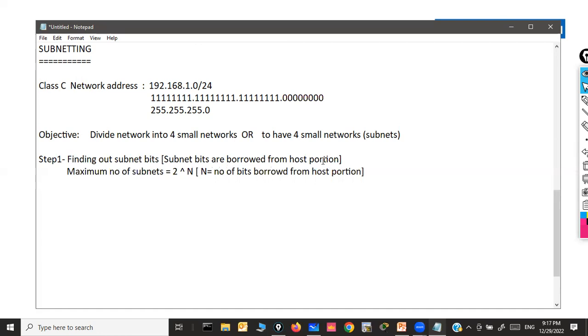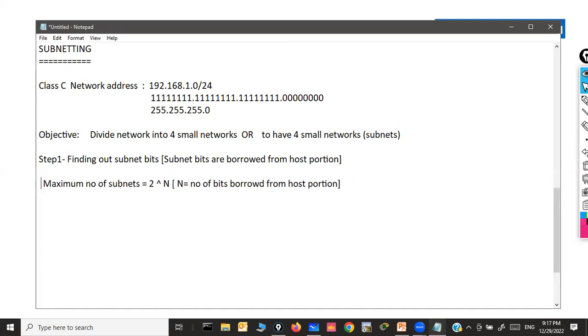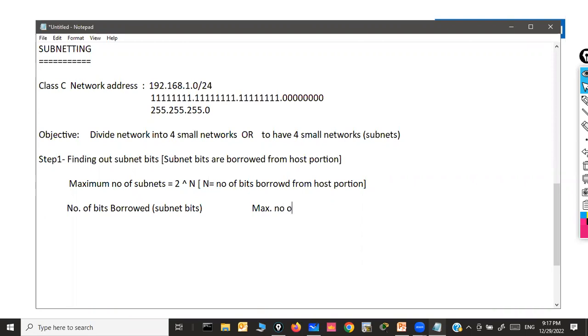That is your n. Let me put it in a simple way. So if I write down the number of bits borrowed as subnet bits here, and the maximum number of subnets here, you can easily calculate this.